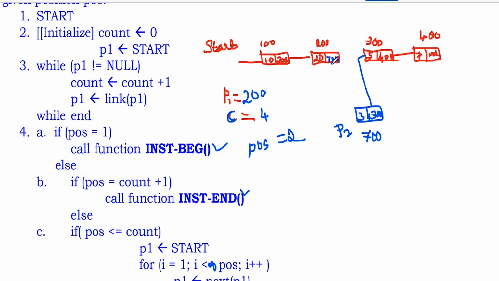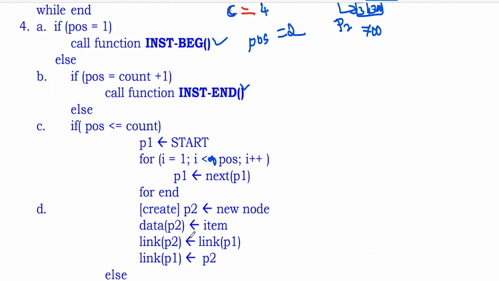Now this link has been established. You can see here, after the new data item, we inserted some number 3. The link of P2 is right now nothing, so there we copy the link of P1.